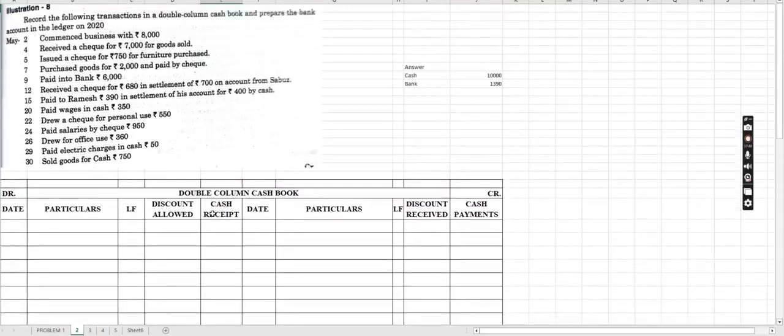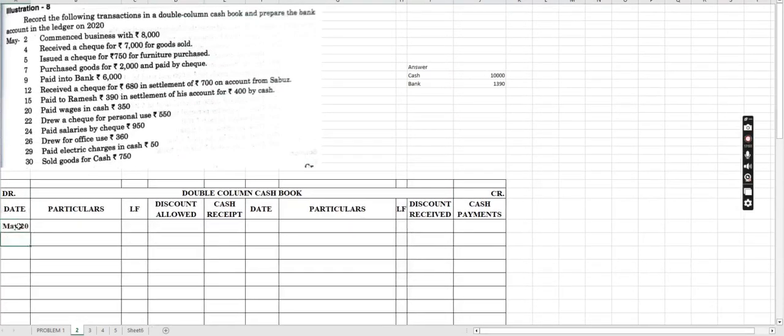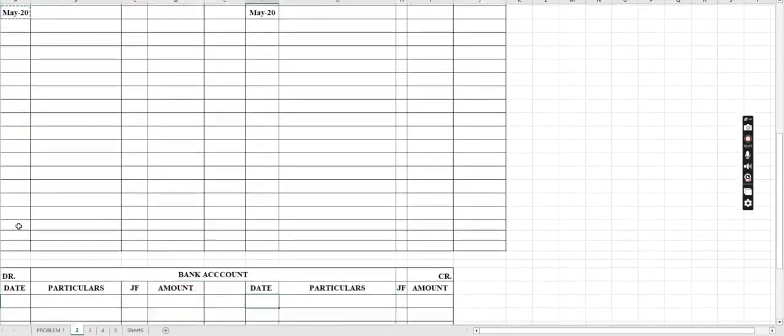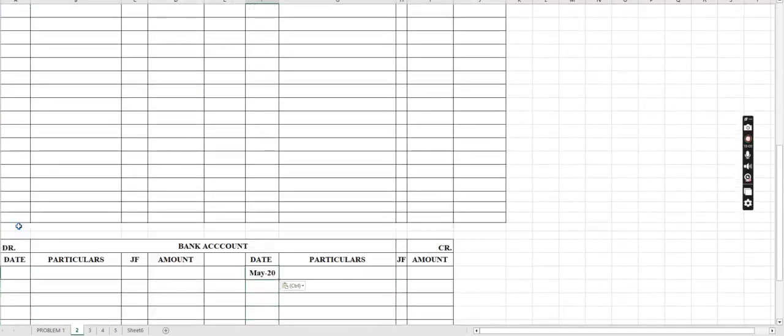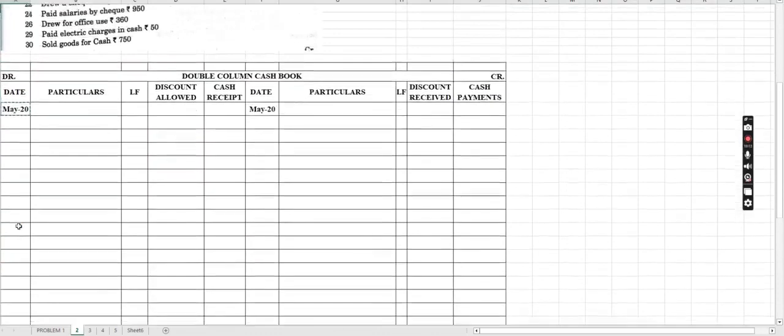Let's begin with the transactions for May 2020. I will copy that May 2020 from here to here, the same thing. Date, here also I will copy. Okay, done. So date is ready.